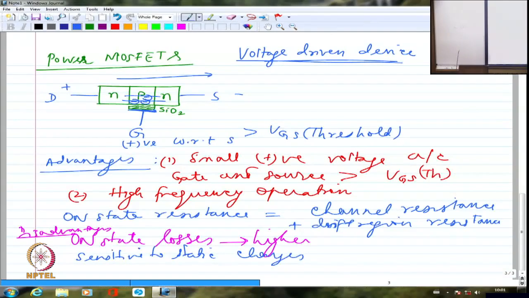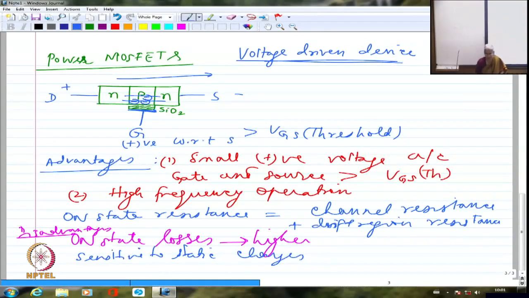Generally we try not to make the MOSFET for higher ratings, because at higher ratings you make the device unwieldy, very long, and then in effect you are going to increase the resistance overall. So it's not very advantageous to have a large rated MOSFET.